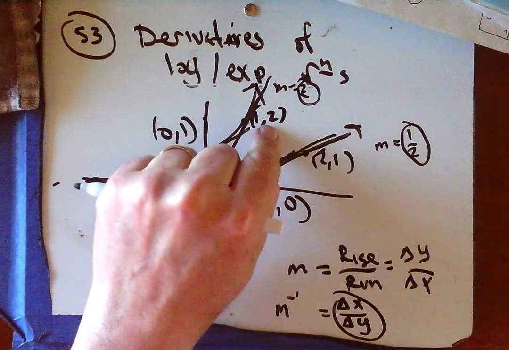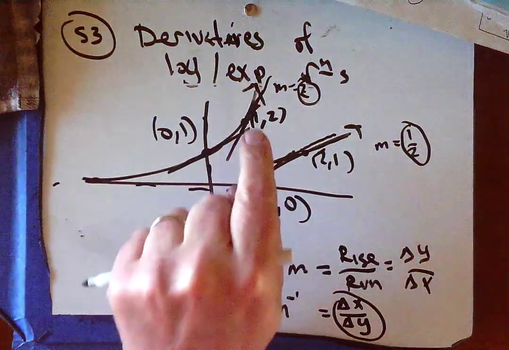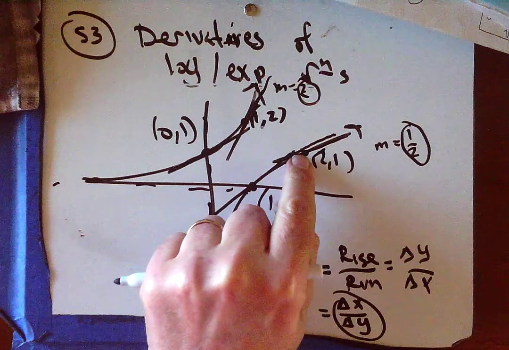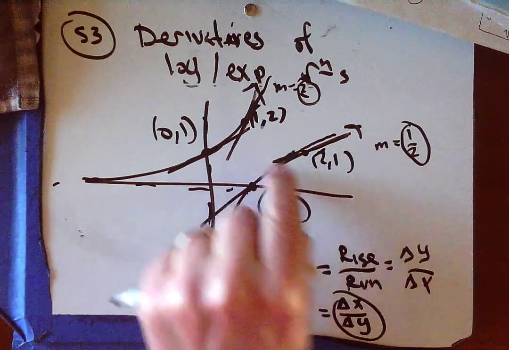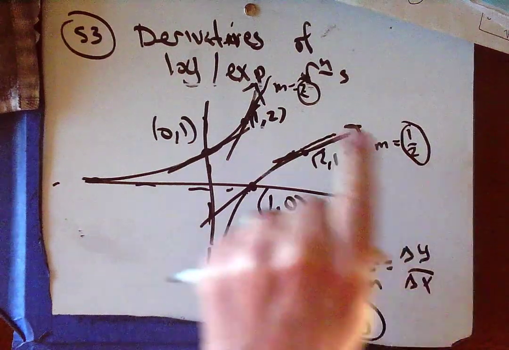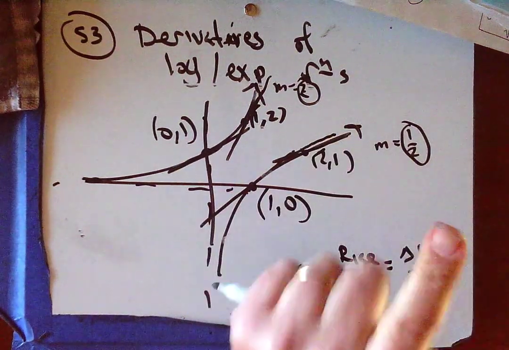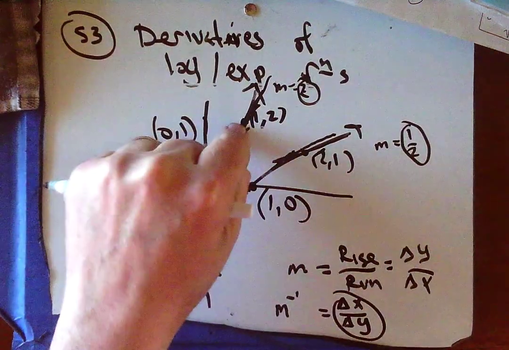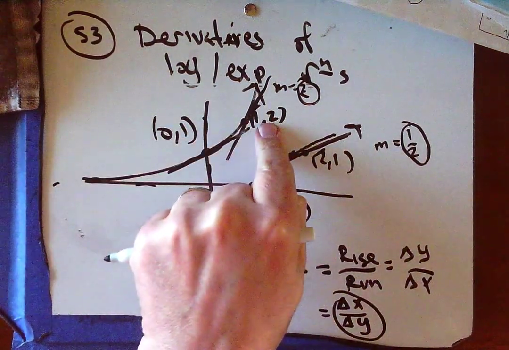So whatever the slope is on the original function at the original point, the slope on the inverse function at the inverse point is the reciprocal of that slope. I'm going to say that again. It may not be enough times. Here's my original function. Here's my original point.